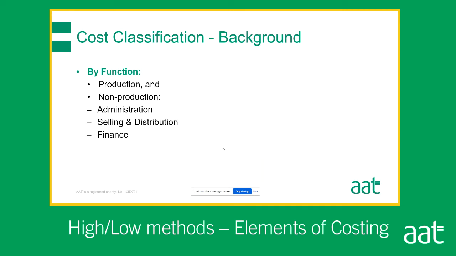We then can also classify our costs by function, and that is between production and non-production. And then our non-production costs are split down further and grouped under those 3 categories there: administration, selling and distribution, and finance.